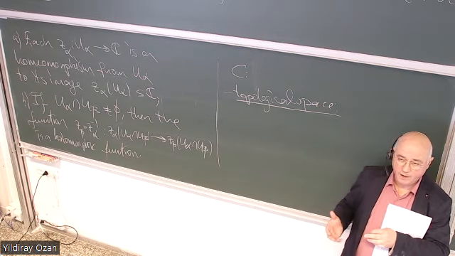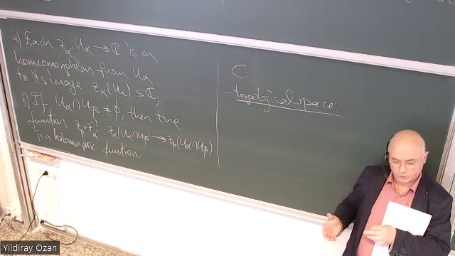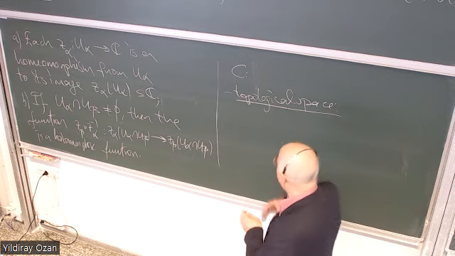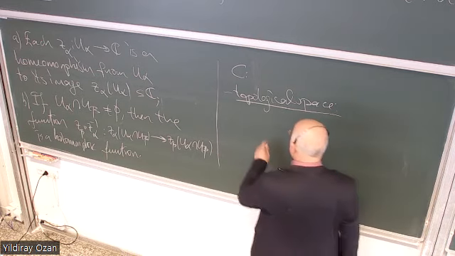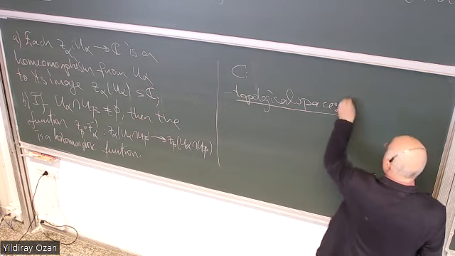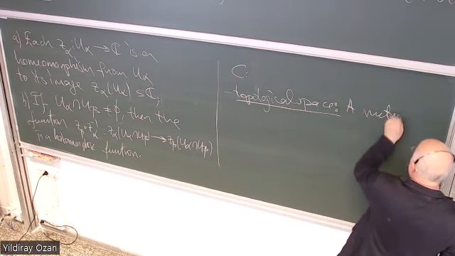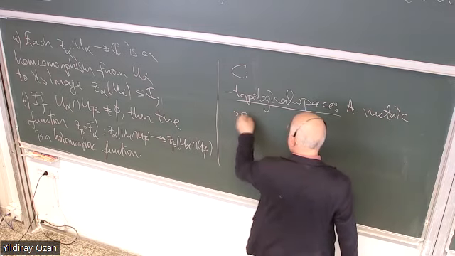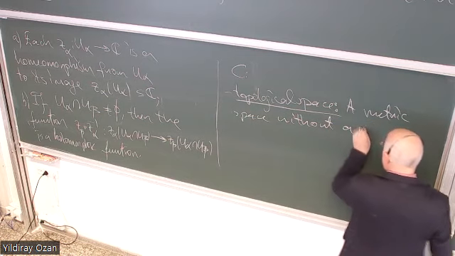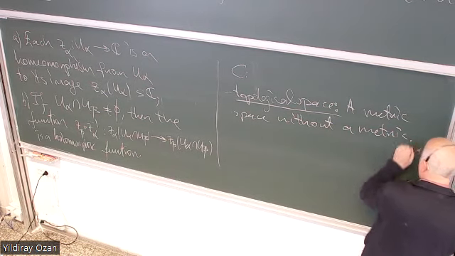You cannot define, for example, a Cauchy sequence if you don't have a metric, but besides that you have almost everything. So you may just consider this as a metric space without a metric. Okay.